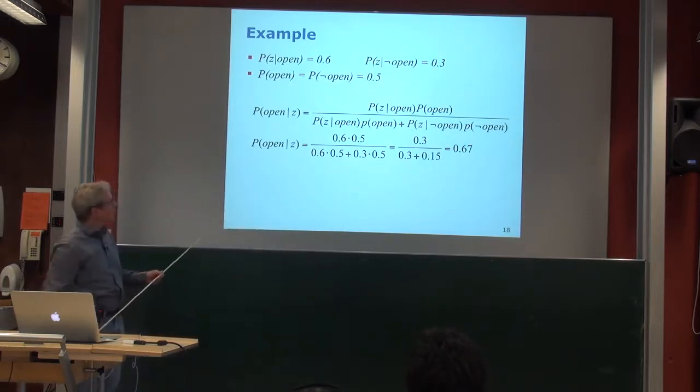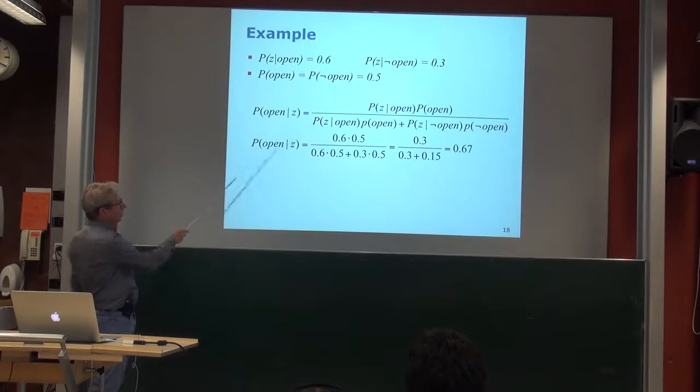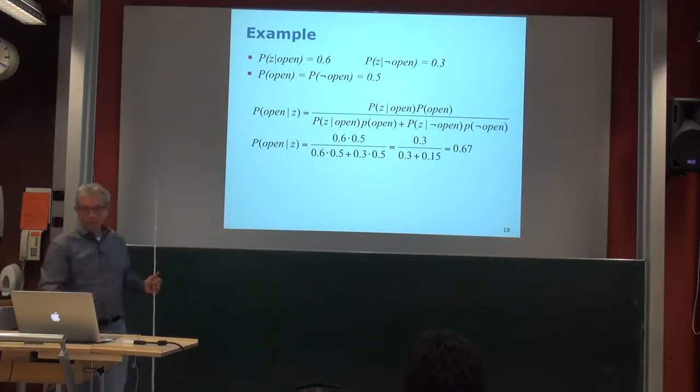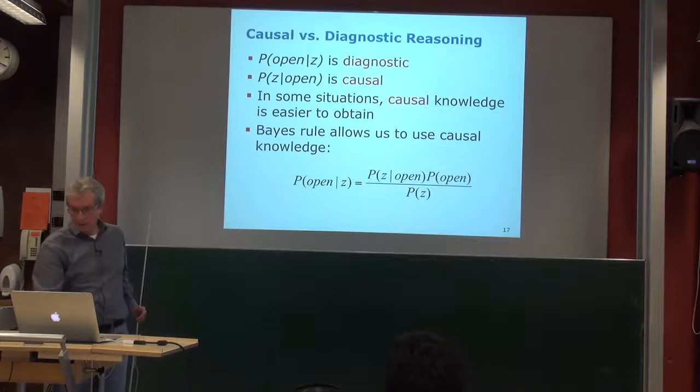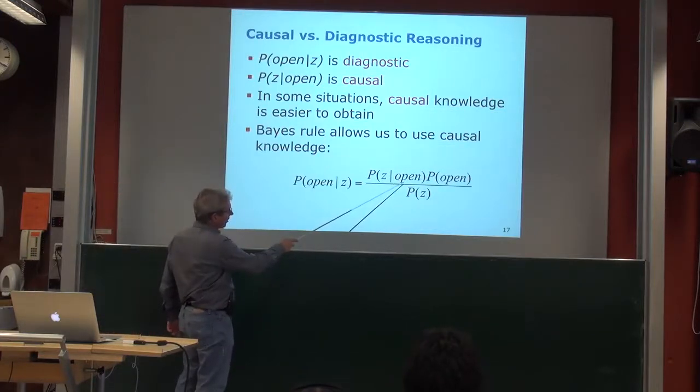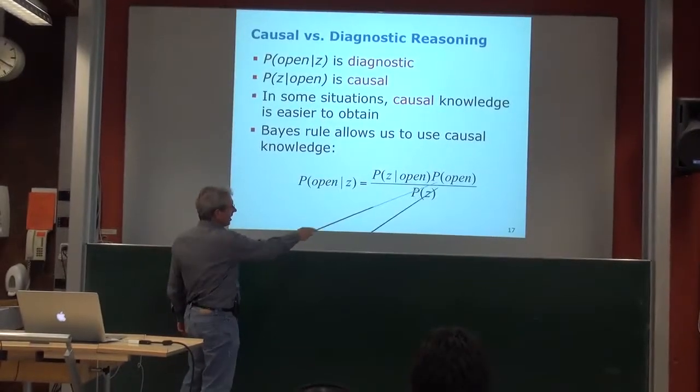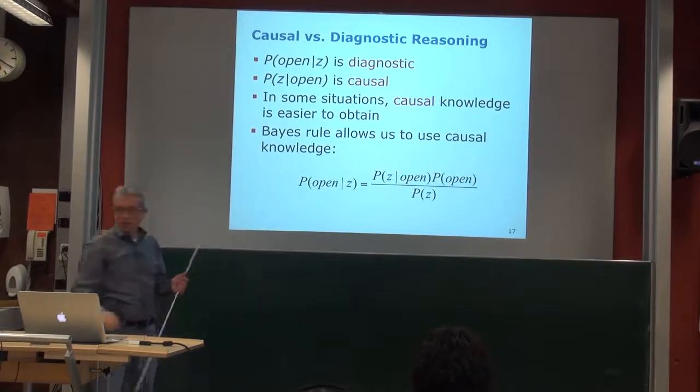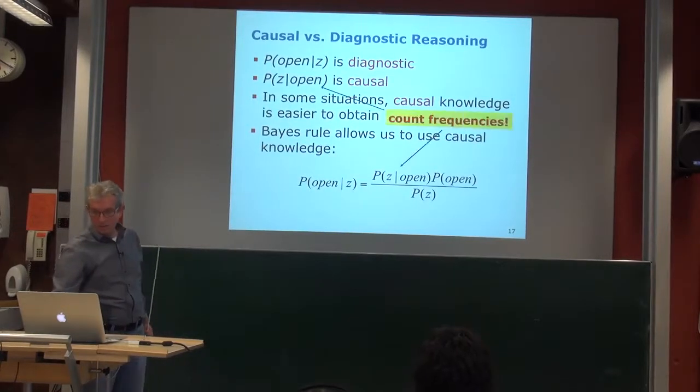And all we need to do, and this is exactly what happens in the normalization part, right? This is P of z. And in our case, if you go back to this equation over here, you see P of z over here, and P of z is the sum over both states of the door of P of z given that state times the prior probability of that state.